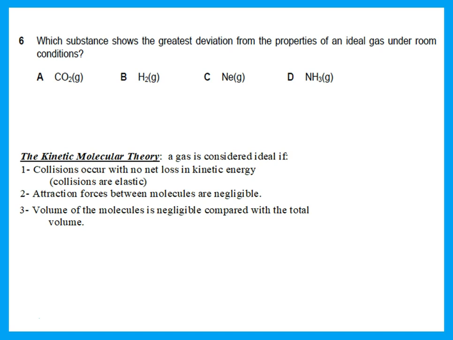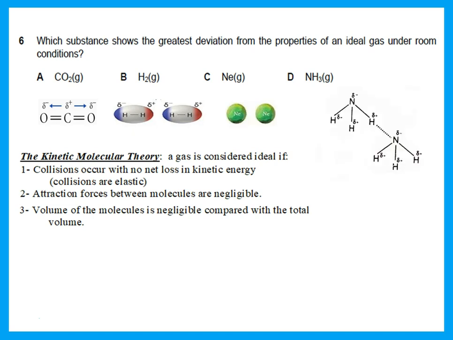Well, let's look at each one. Carbon dioxide has permanent dipoles, but they cancel each other because they're in opposite directions. So this molecule will just have London dispersion forces between the molecules. Hydrogen is a nonpolar molecule, so it just has London dispersion or induced dipole-dipole interactions. The same with neon. But what about ammonia?